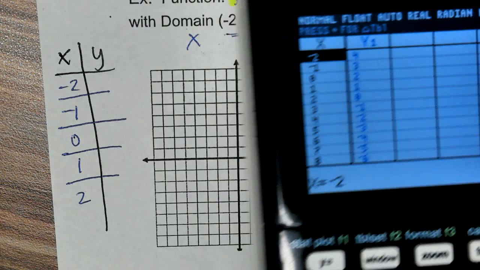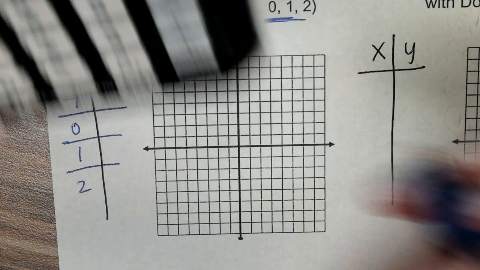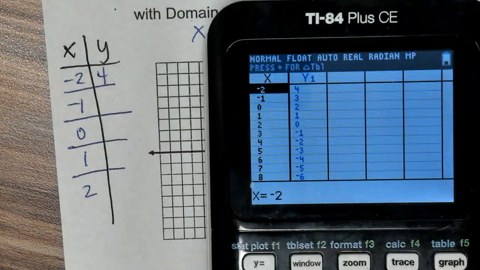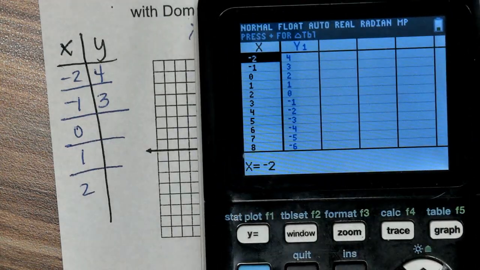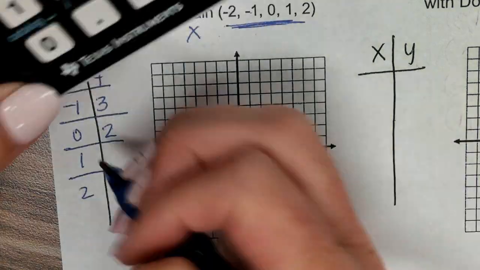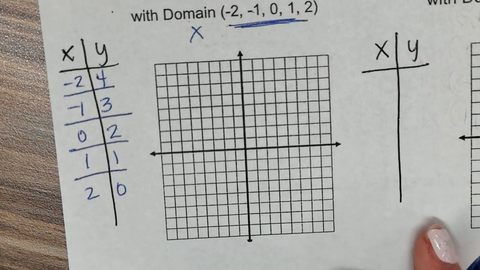Okay, so when x is negative 2, y is positive 4. When x is negative 1, y is 3. When x is 0, y is 2. When x is 1, y is 1. And when x is 2, y is 0.